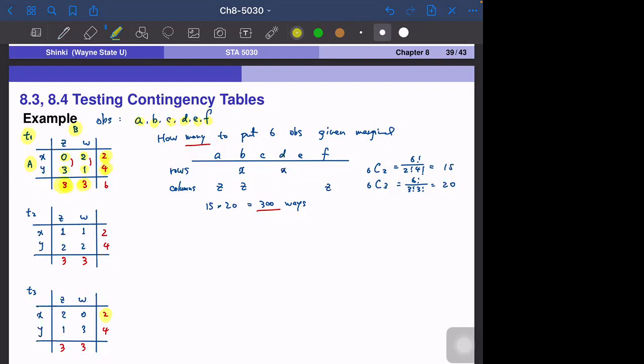And how likely is it that each table happens? So we want to calculate this. How many ways are there to make table 1, T sub 1? Then we have 0, 2, 3, 1. So in total, we have the 6 observations.